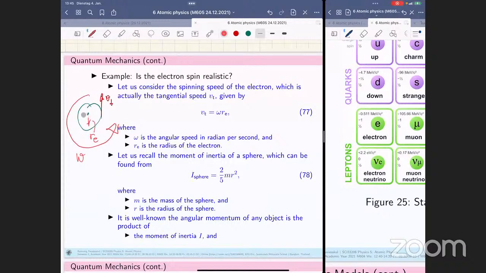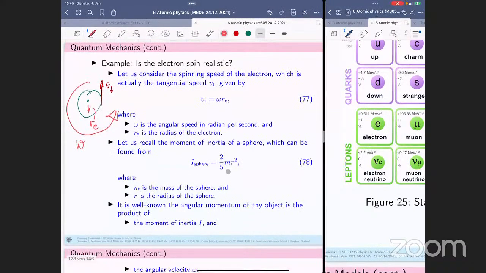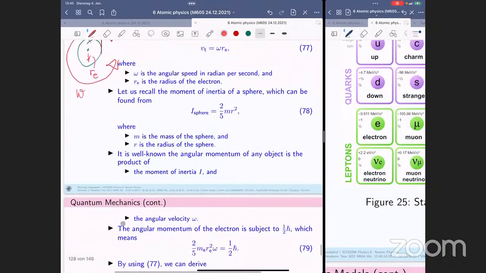We are considering the electron here, so the mass should be the mass of the electron and the radius should be the radius of the electron. It's a kind of lepton. It is well known that the angular momentum of any object is the product of moment of inertia and the angular velocity.